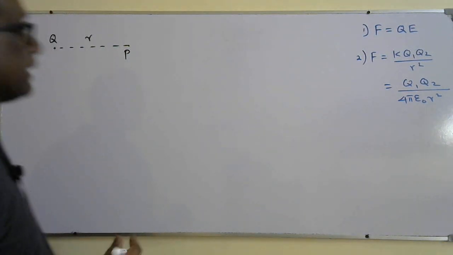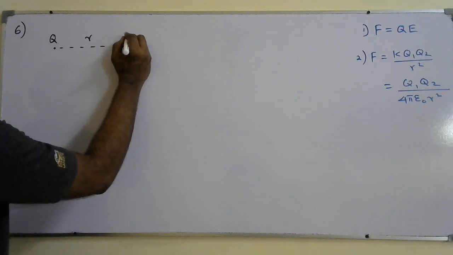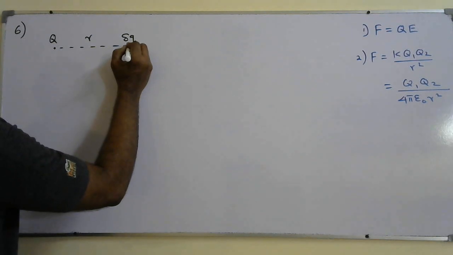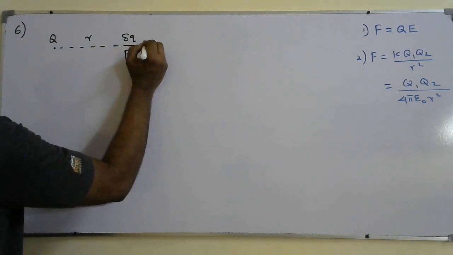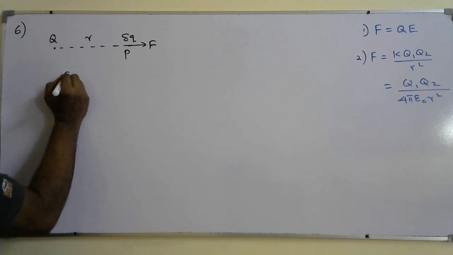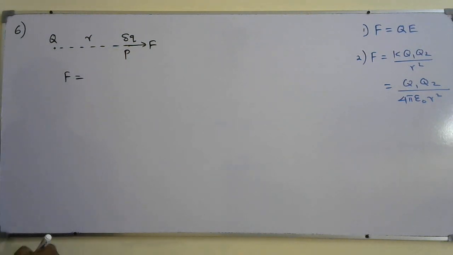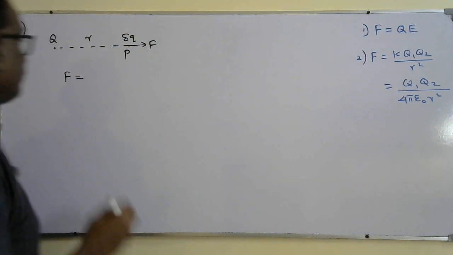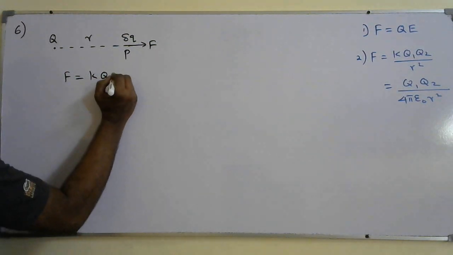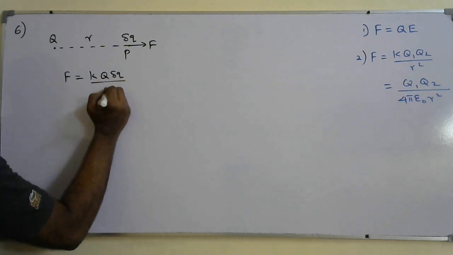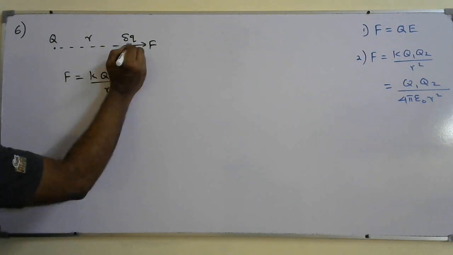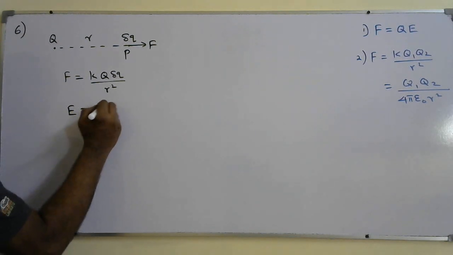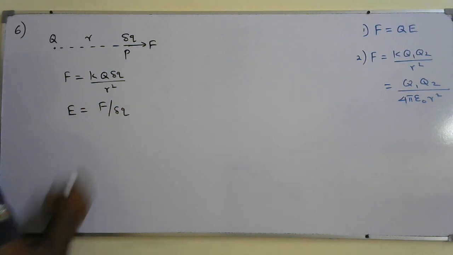You must know that. Imagine if I keep a positive test charge at point P, then the electrostatic force acting on the positive test charge delta Q, according to Coulomb's law, is F equal K Q delta Q over R squared. The electric field strength at point P is defined as the electrostatic force per positive Coulomb charge.